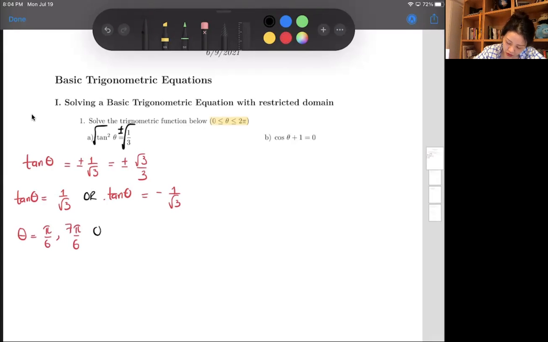And when we look at the negative case, tangent theta equals negative 1 over root 3, we see that theta is equal to 5 pi over 6 and 11 pi over 6. So these are our answers.